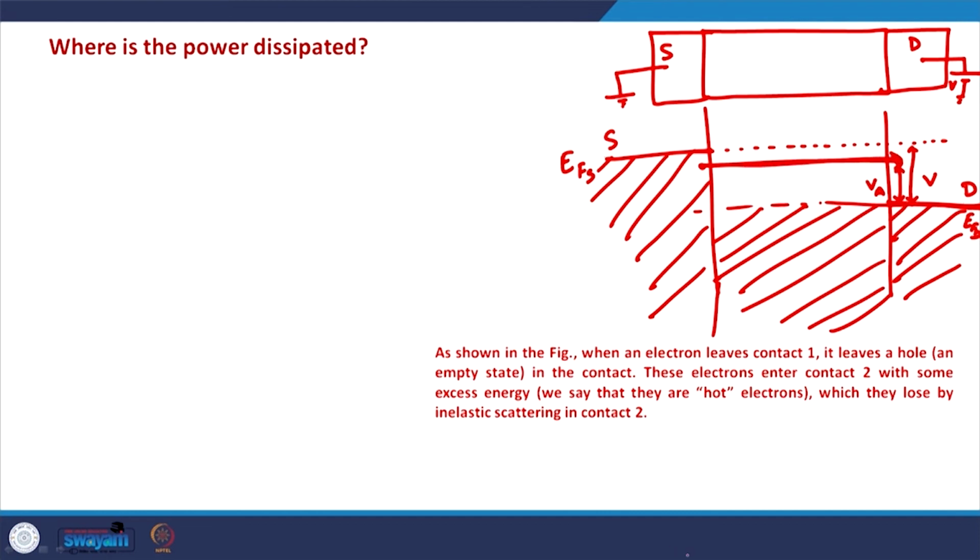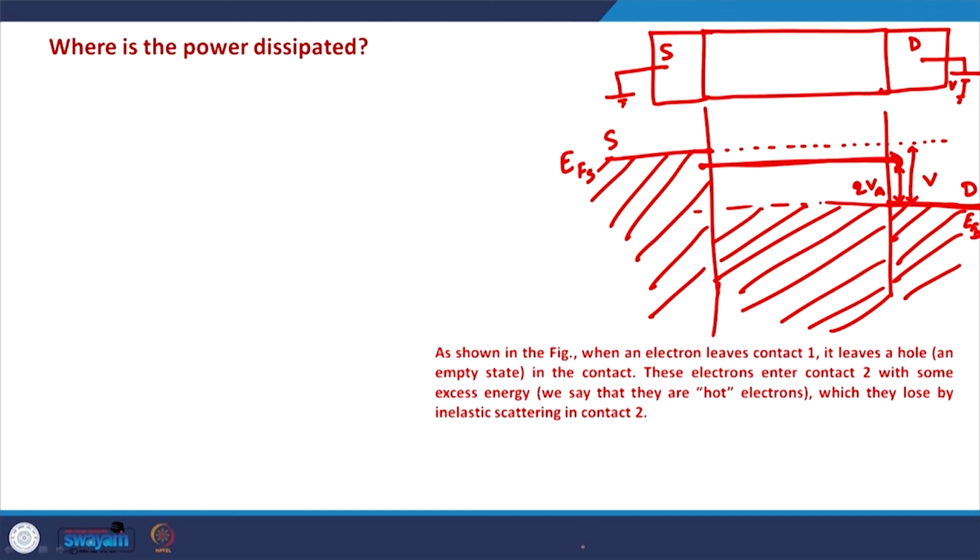Because this drain terminal has its Fermi level here, the scattering will bring this electron to the Fermi level. So, this electron will lose energy, this Q times VA energy, in the drain contact.